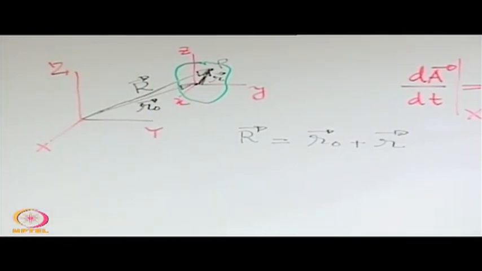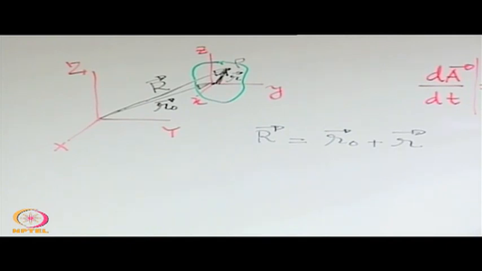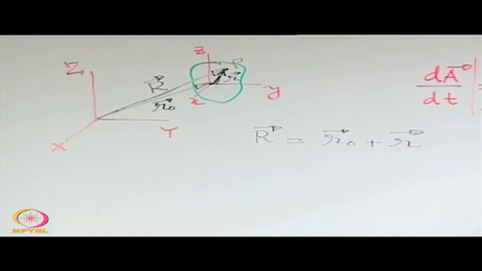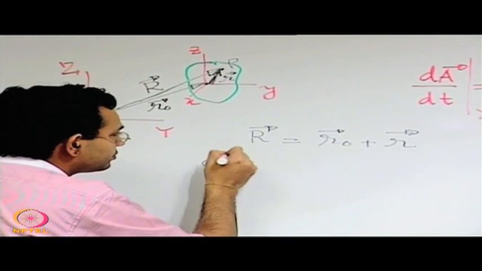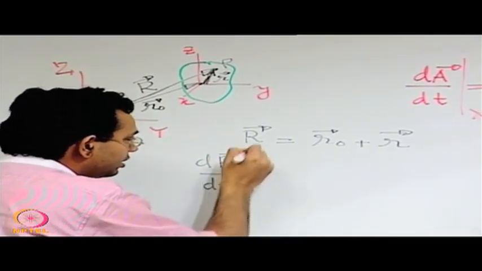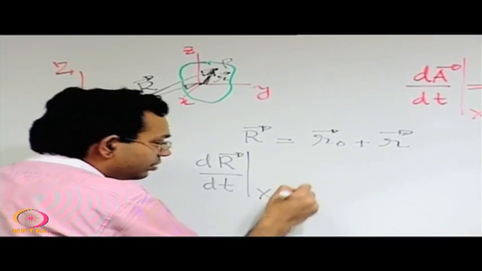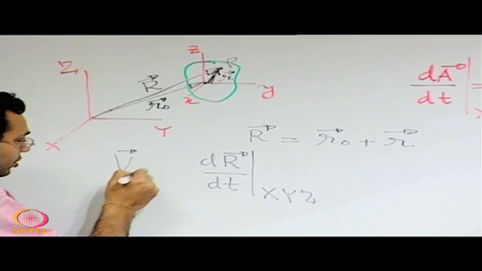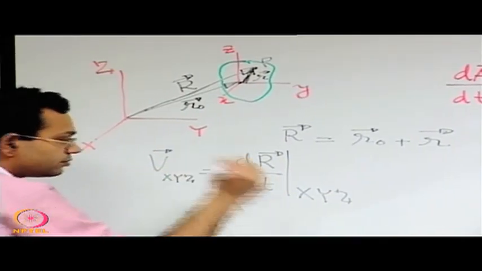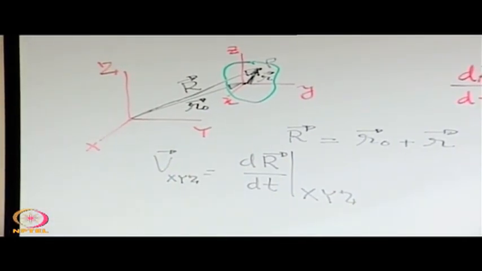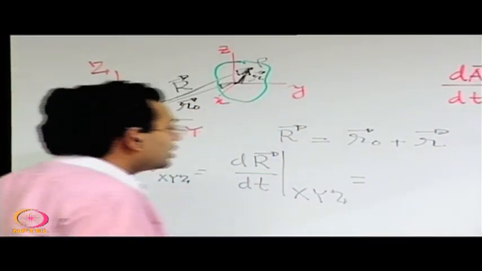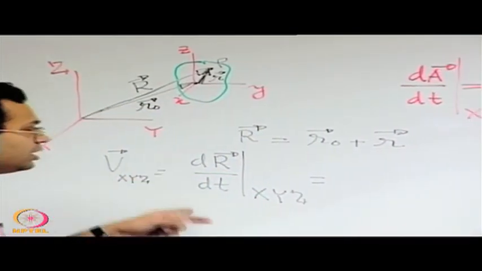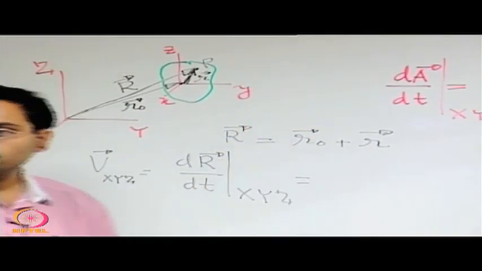Now, in the next step we will try to find out the velocity. The velocity of the point P in an absolute sense is dR/dt, that is d capital R/dt with respect to capital XYZ. This is the velocity with respect to capital XYZ. In shorthand notation, we may not always write d/dt, but write a dot on top to indicate a time derivative.